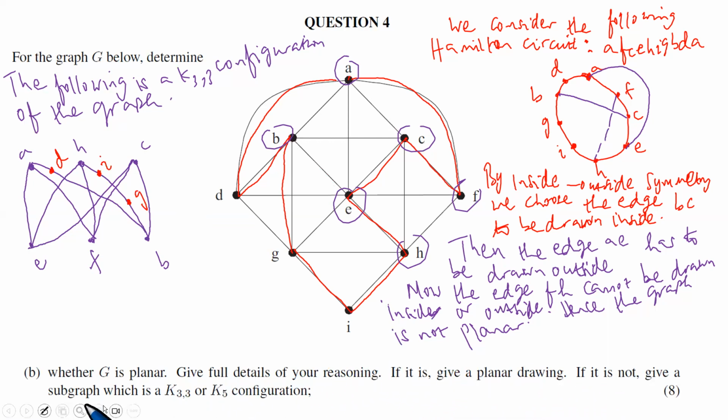If it is not, give a subgraph which is a K33 or a K5 configuration. We've given a K33 configuration. Okay, so we have that. We're here to discuss configurations a bit more. It's necessary we do so. Next question.